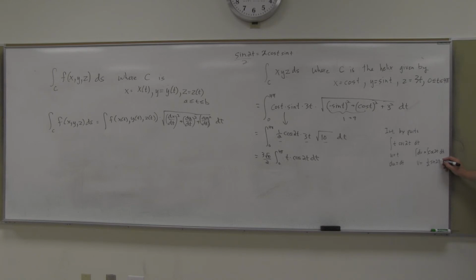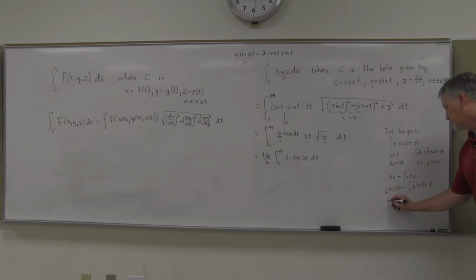You can go through it if you want. By parts, you have uv minus the integral of v du. So u times v, it's t times that, so it'll be a half t sine 2t minus the integral of 1/2 sine 2t dt, and that's an easy enough one. Again, it's just a little simple u substitution.